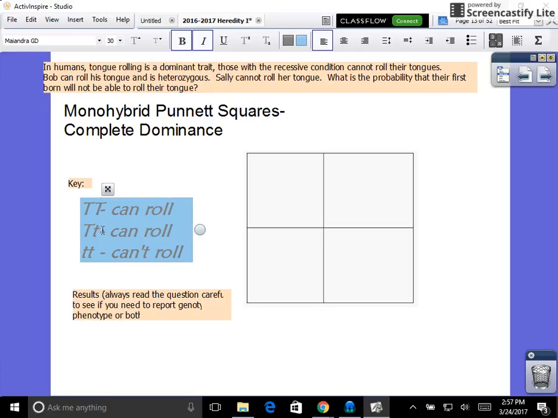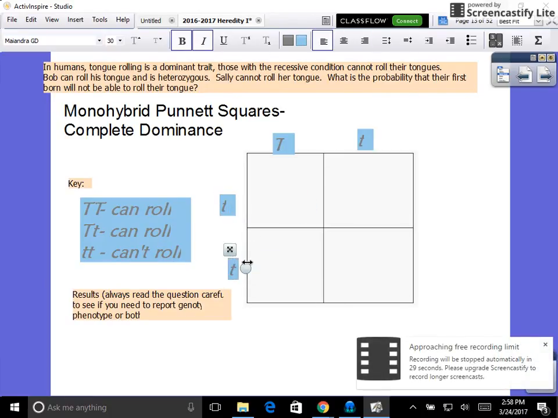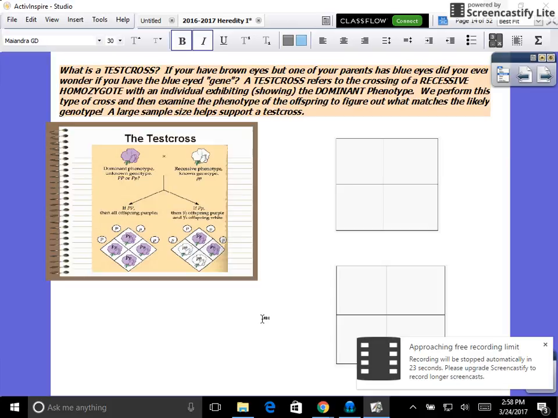But this would be Bob. So we put Bob up here. He'd have a T. Okay, and then his other allele would be a little t because he's heterozygous. And then Sally can't roll her tongue. So this has got to be Sally, a little t and a little t. So solve that Punnett square and analyze the results. And you also may want to try a test cross.